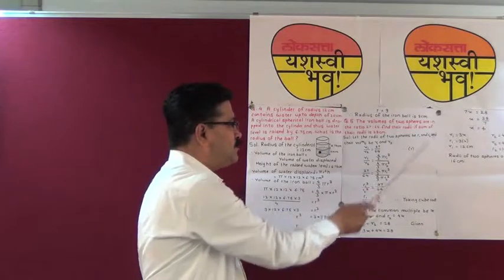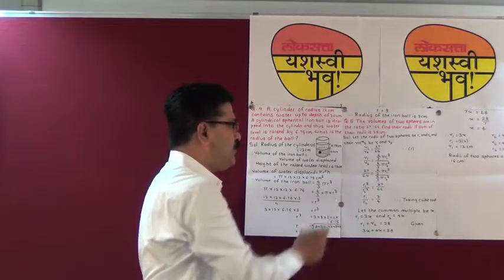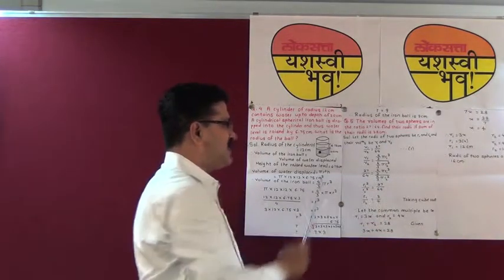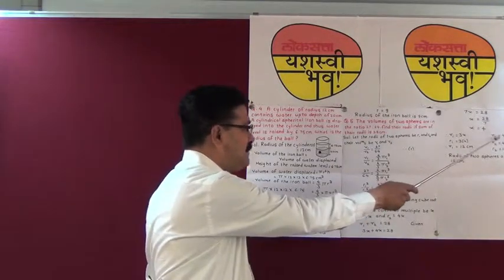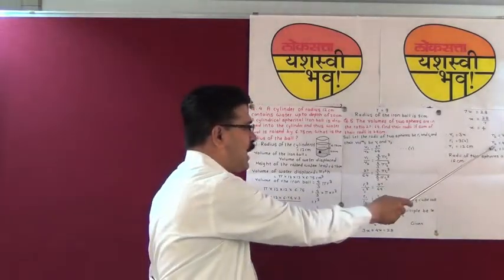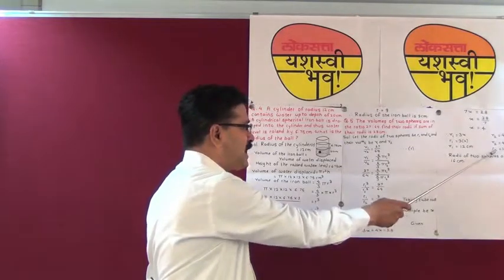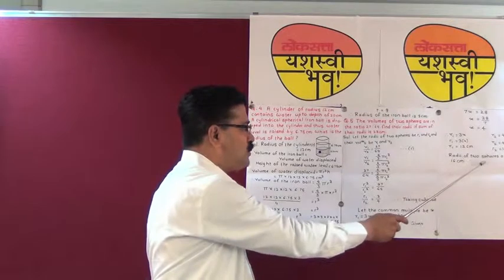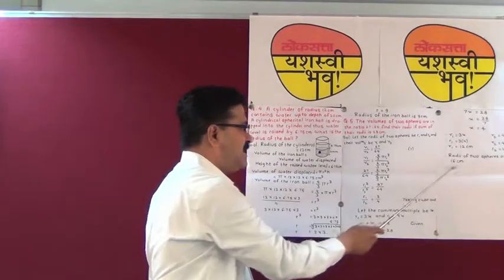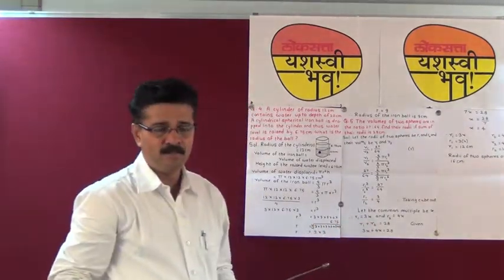Therefore r1 equal to 3x means r1 equal to 3 into 4. So r1 equal to 12 centimeter, and r2 equal to 4x. So substitute here x equal to 4. So r2 equal to 4 into 4, that gives r2 equal to 16 centimeter. So thus radii of two spheres are 12 centimeter and 16 centimeter.